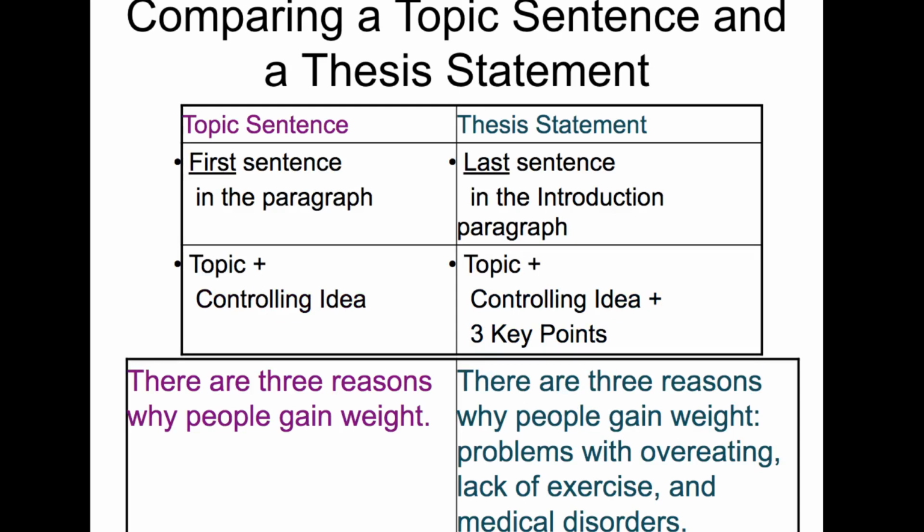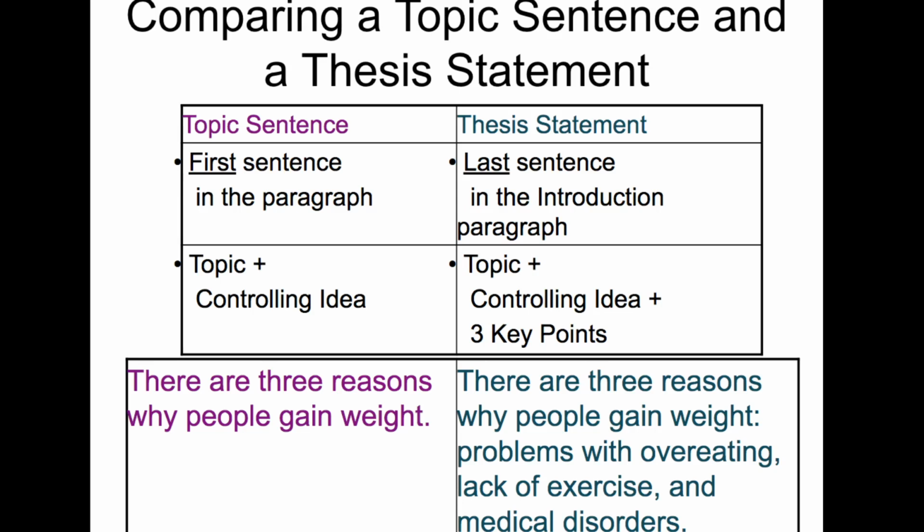Three reasons. Okay, what three reasons? For a topic sentence, that's fine because we will find out all three reasons within a few sentences. However, for a thesis statement, it needs to have more detail. And we can think of this as giving the reader like a road map.